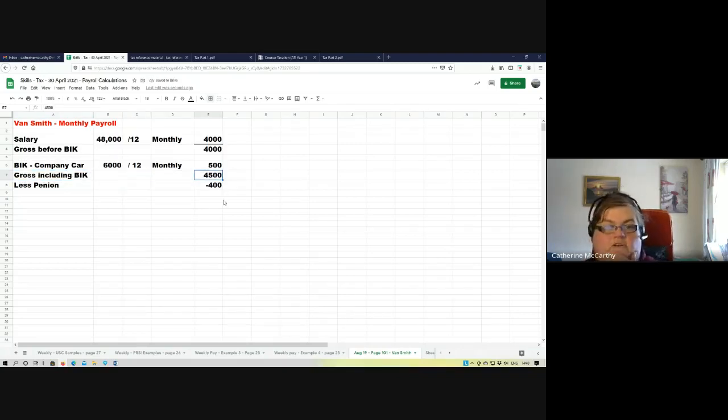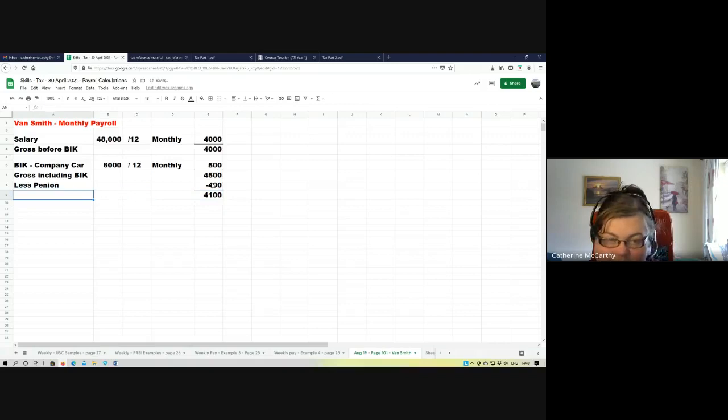So the salary, my gross before BIK, plus the BIK is my gross including BIK, and then less the pension. That gives me my taxable pay of €4,100.